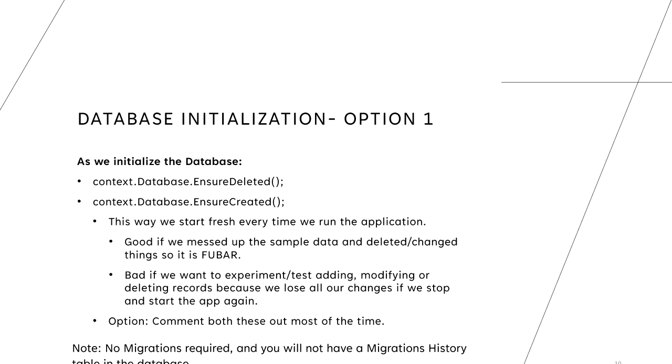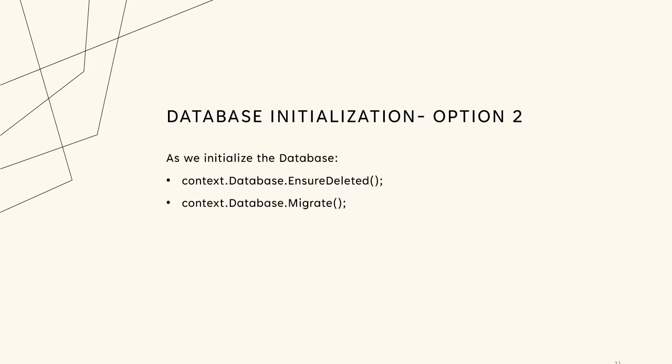Note, we don't even ever have to create a migration following this approach. We won't have a migrations history, but that's okay. Even in the database, there won't be that table. Option two, we could initialize the database by calling ensure deleted and then calling migrate.